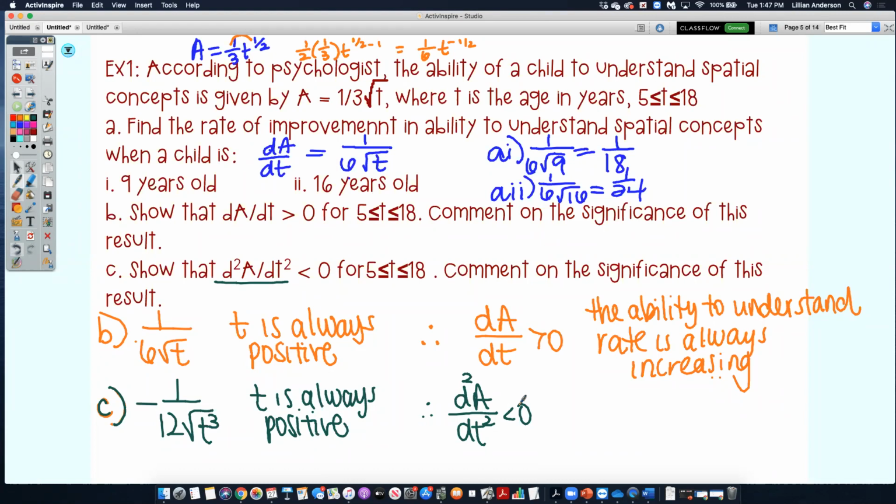So the significance of the derivative being negative would be what? What do you mean regressing? You're learning less. As you get older, your brain becomes more plastic.